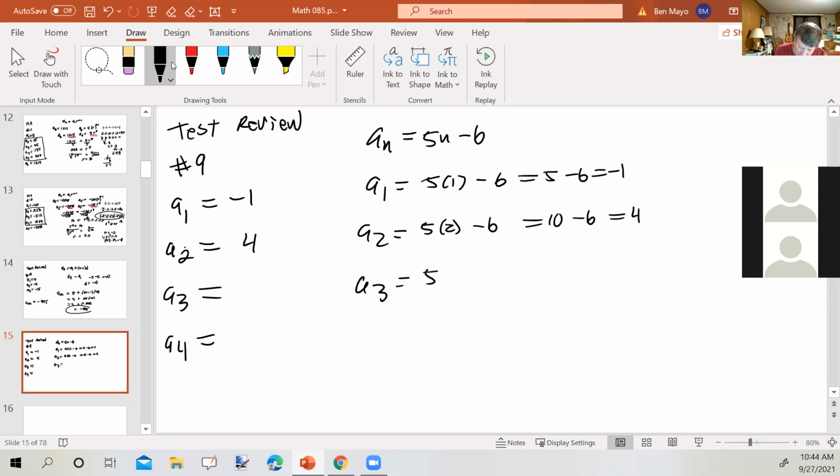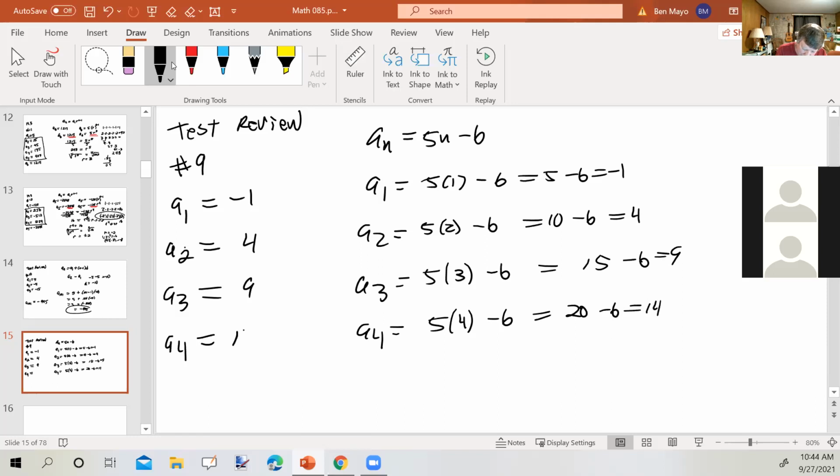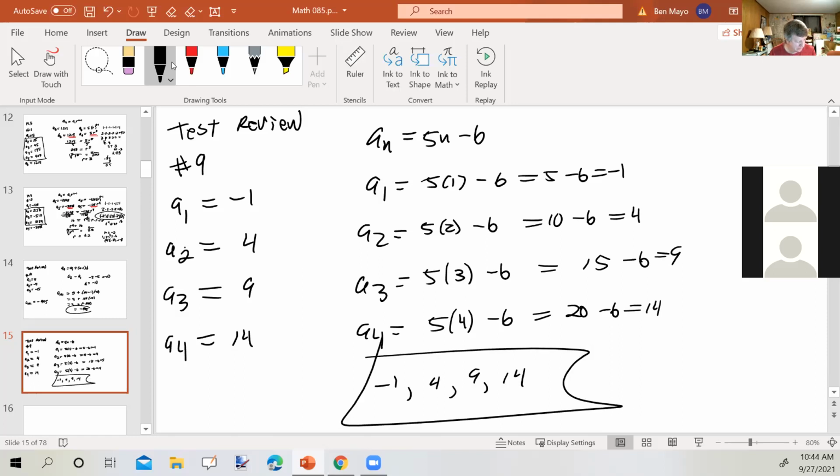A sub 3 is 5 times 3 minus 6, which is 15 minus 6, which is 9. And a sub 4 is 5 times 4 minus 6, which is 20 minus 6, or 14. So your answers would be -1, comma, 4, comma, 9, comma, and 14.